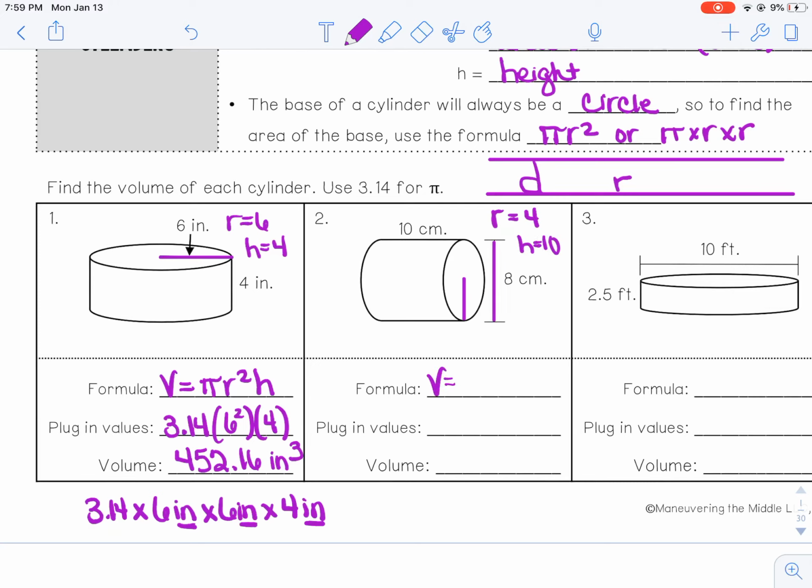Let's get in the habit of rewriting this formula every time, because the more you write it, the more it's going to become part of your memorization.